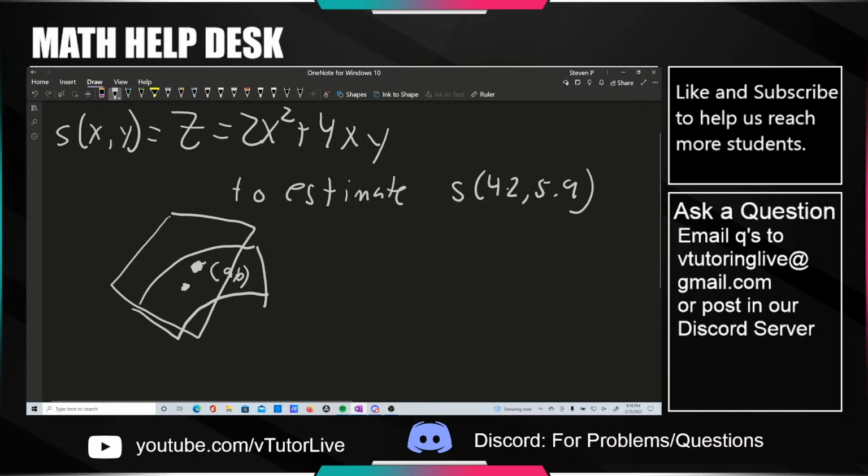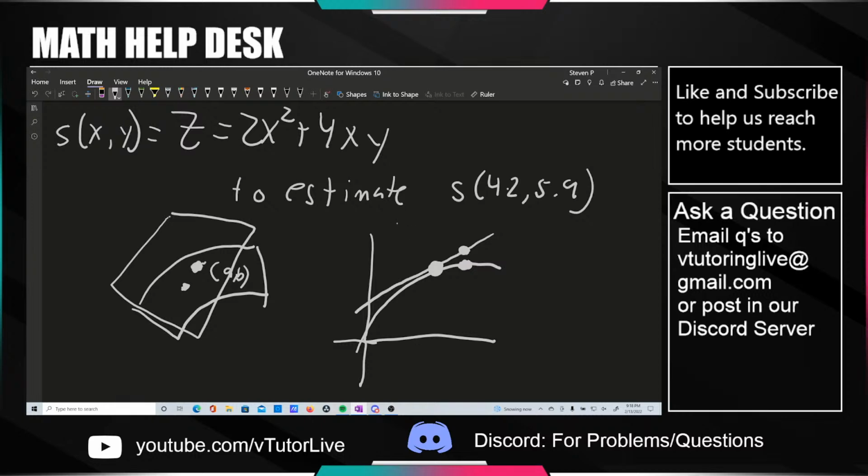I always try to tell students to think about the one-dimensional analog for problems like these. In your single variable calculus classes, you should have been very comfortable with problems where you are given a curve and you're finding a tangent line to that curve at some point. Maybe you'd be asked to approximate this value right here.